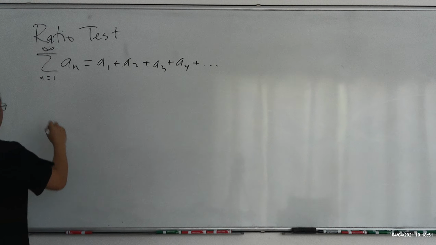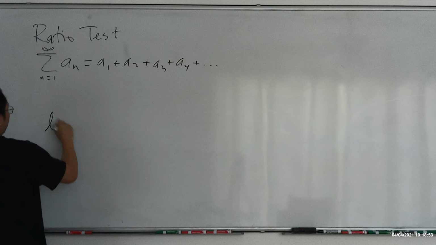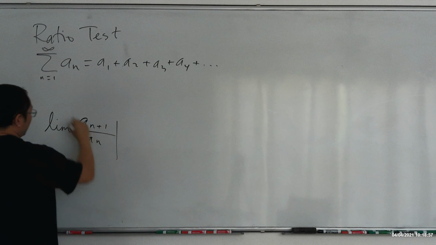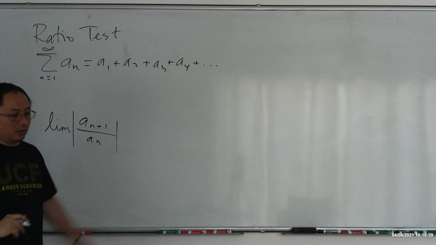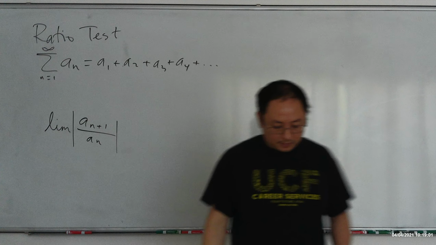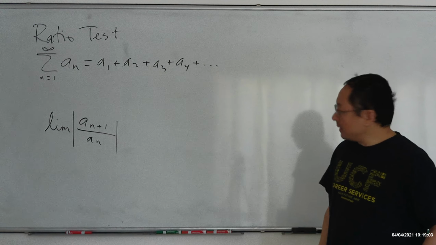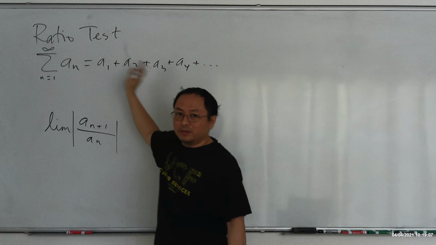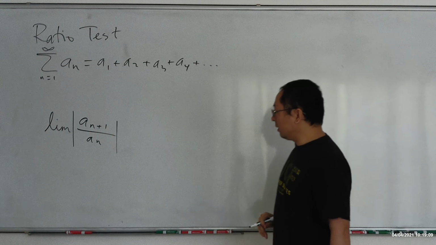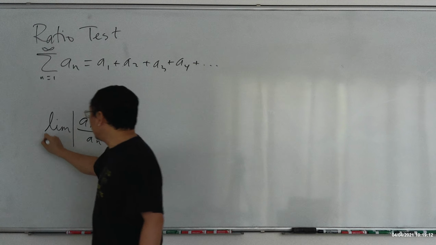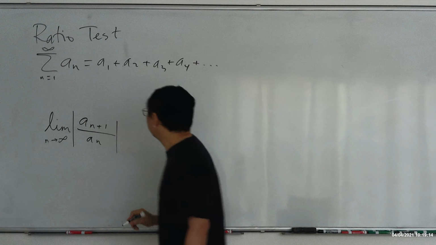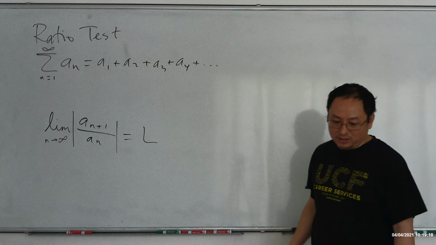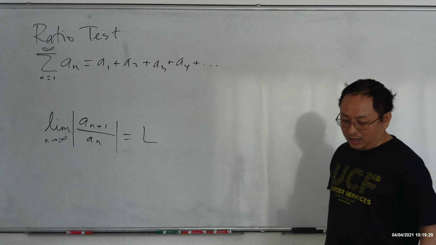What we're going to do here is calculate the limit of a_(n+1) over a_n. Take the absolute value, so make sure it's always positive. So what we do in here, we take the next term divided by the previous term and take the limit for n going to infinity. And this is equal to some limit L. L could be a constant, could be infinity.